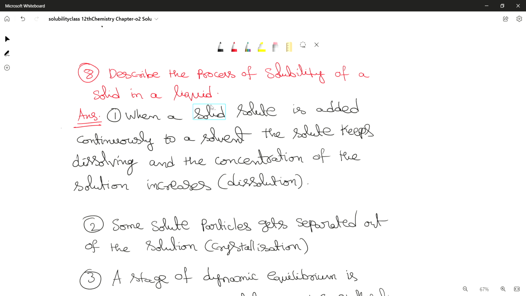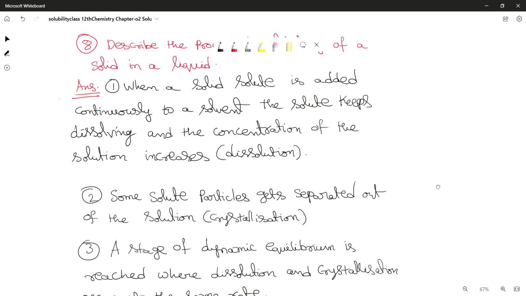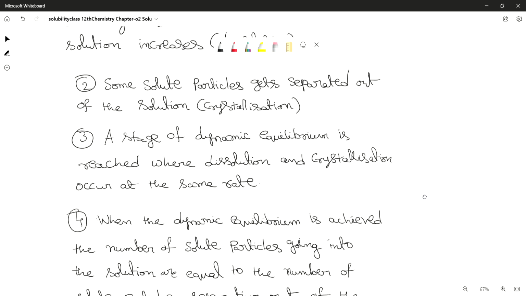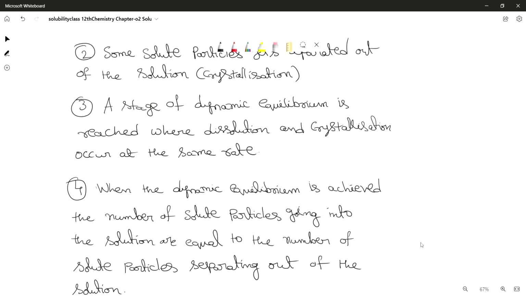When a solid solute is added continuously to a solvent, the solute keeps dissolving and the concentration of the solution increases. That is dissolution. Some solute particles get separated out of the solution. That is crystallization. A stage of dynamic equilibrium is reached where dissolution and crystallization occur at the same rate.